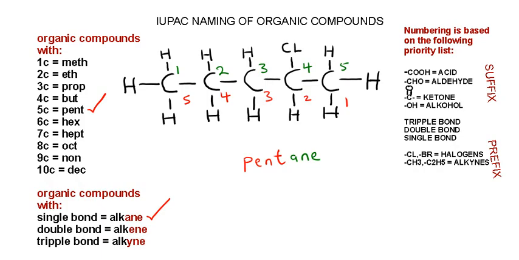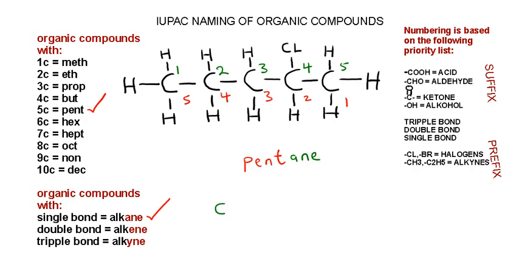Remember that we always choose the lowest number. Therefore, we are going to choose number 2 in backward direction. Since this chlorine is attached to carbon number 2, we call it 2-chlorine.